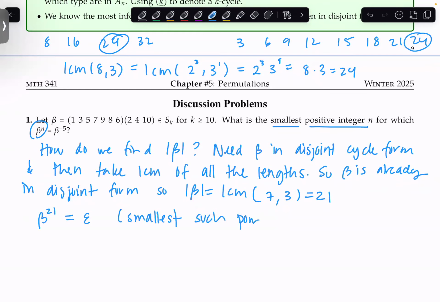So what can I do here to manipulate it to tell me something about b to the -5? Is there any way I can change this equation to have b to the -5 show up?